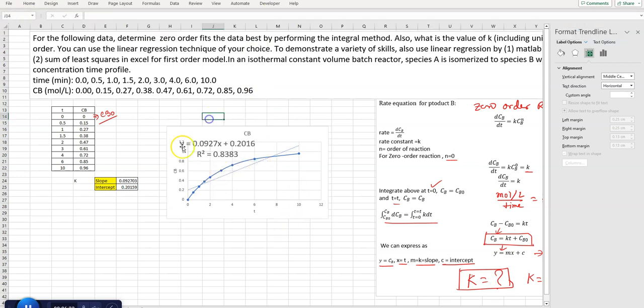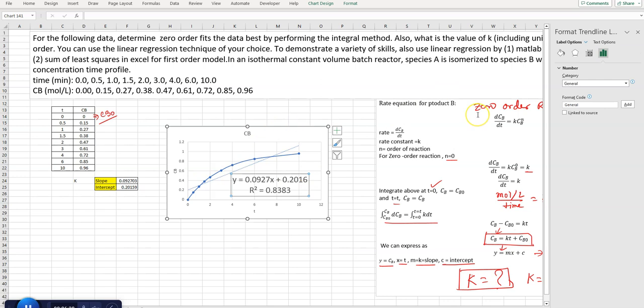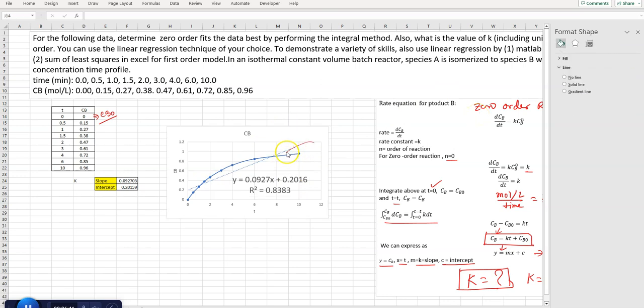Here this is the slope, and this is the intercept. Whatever we got is the same.